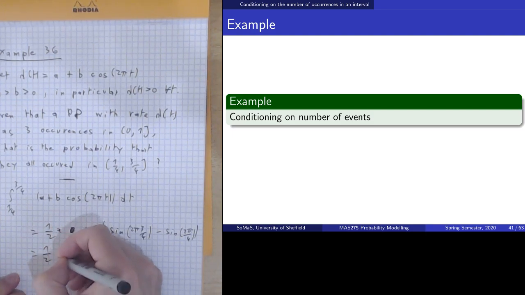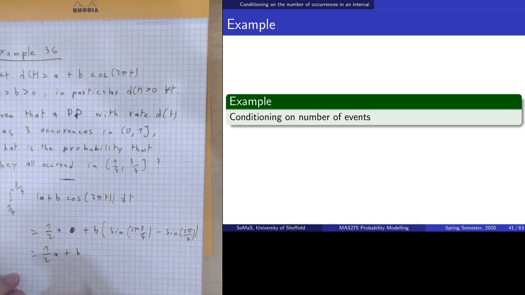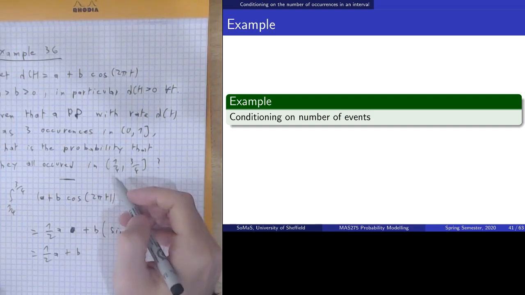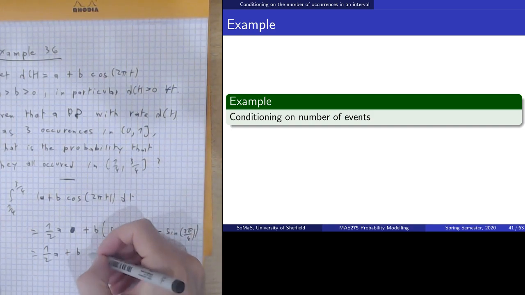That equals half of a plus b times, sine of 3 pi over 2, that's -1.